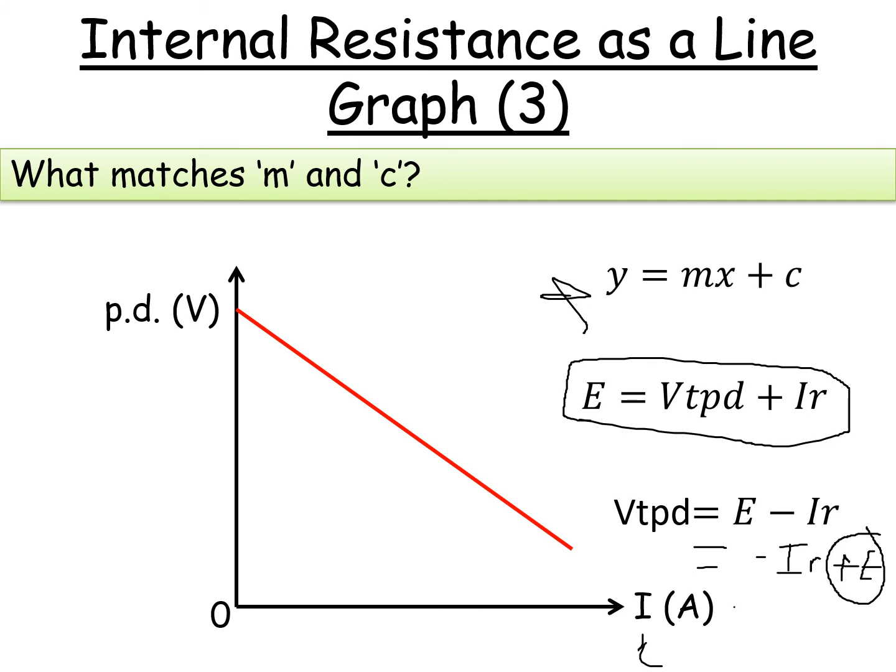So really, I could even write this equation as minus R I plus E. And if I look at that, I have a minus R, which means the gradient is negative, and that's why the line slopes this way.